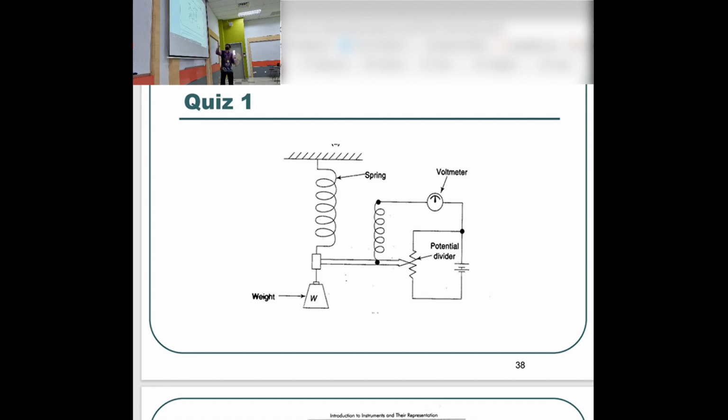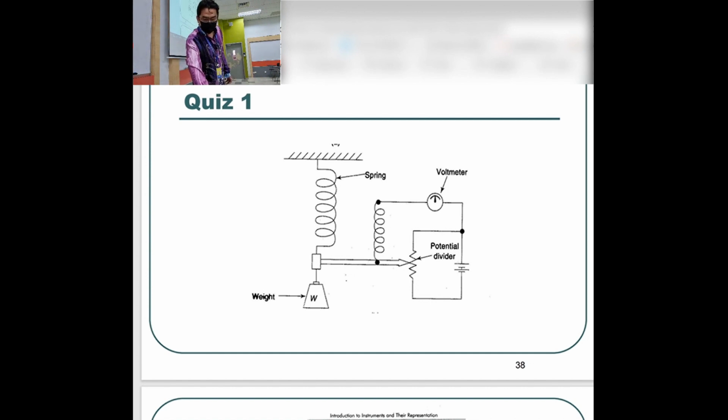I think this part here will indicate how much the spring moves further down or further up. So that one is the sensor. And then what's the conditioning element? It's the other spring, like before. We have a fulcrum system, so that one can give the signal conditioning.